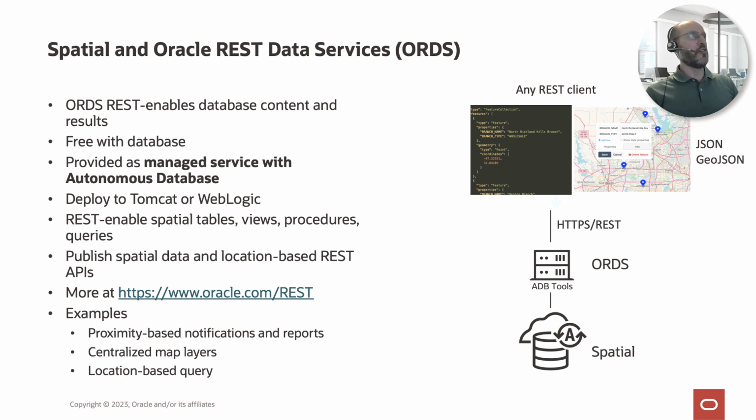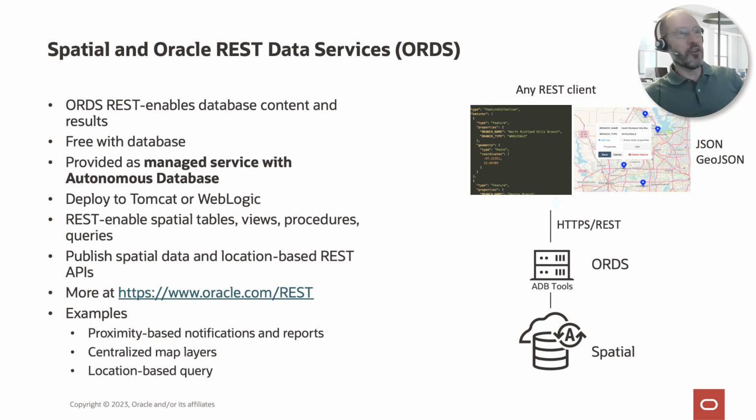Oracle REST Data Services simply REST enables your Oracle database. That means your tables, views, procedures, functions, ad hoc SQL, anything that returns resultant content from the database, you can REST enable. In other words, create a REST API that allows access to that database content.